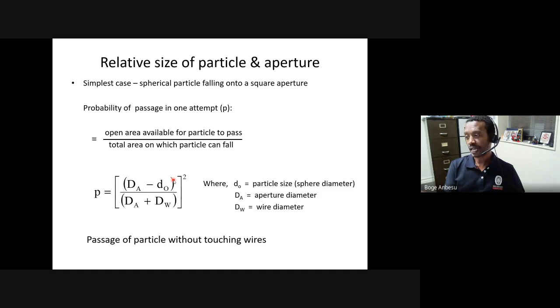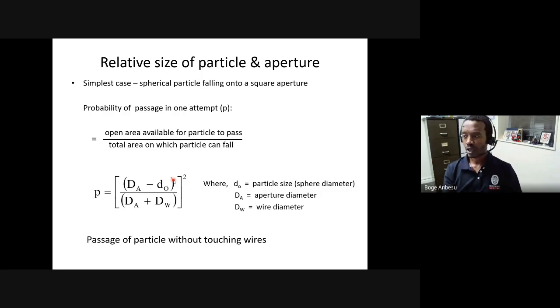Again, we're assuming spherically shaped particles are presented to the screen and fall in one go. We're not even allowing particles to be presented many times to the screen. We're not even considering a lot of factors here.